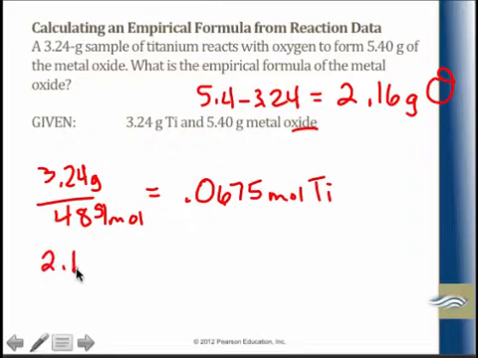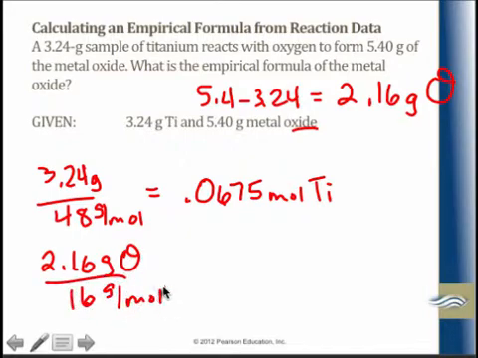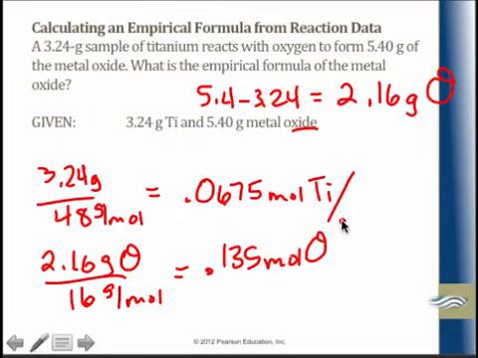So I'm going to convert that to moles, at 16 grams per mole, and I'm going to get 0.135 moles of oxygen. Our next step is to divide by the little guy, and I'll get 1.